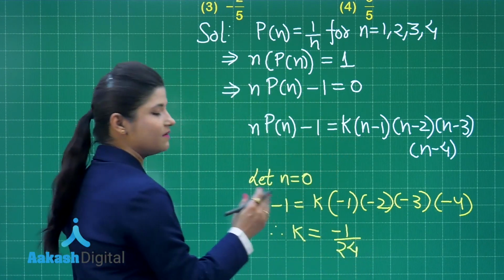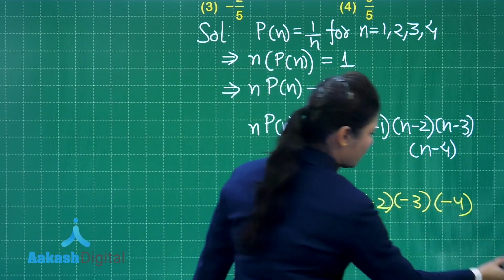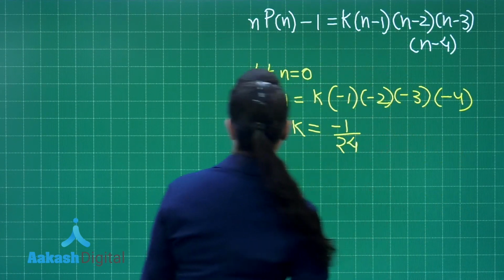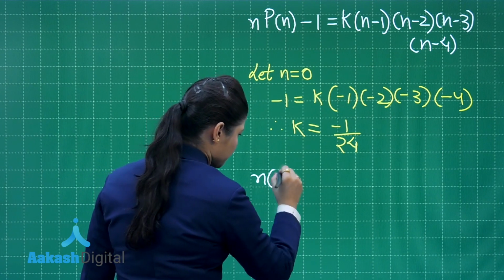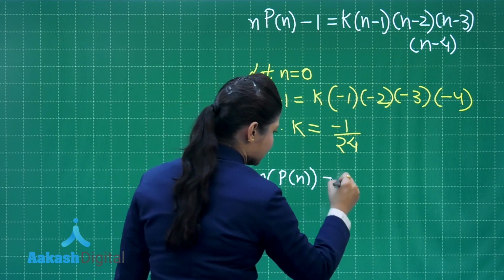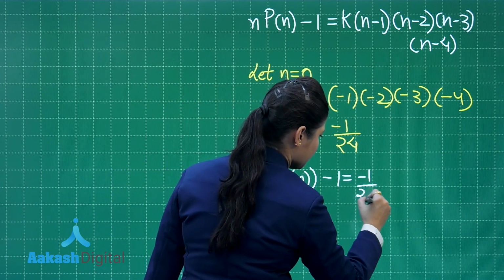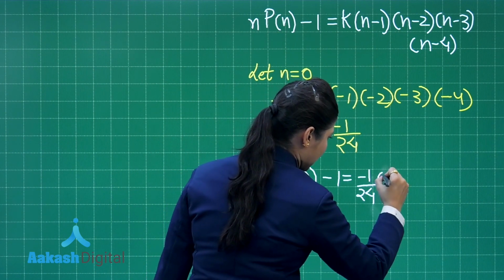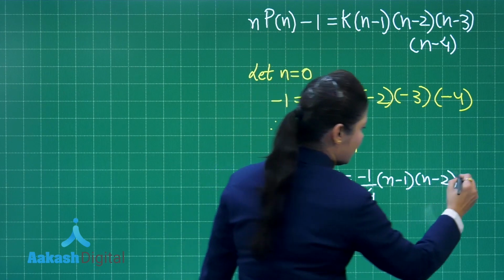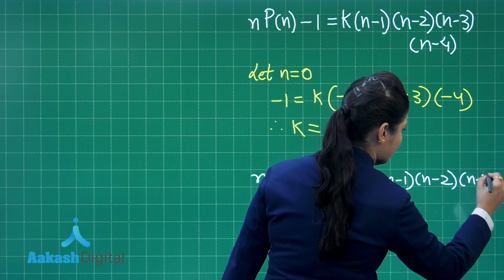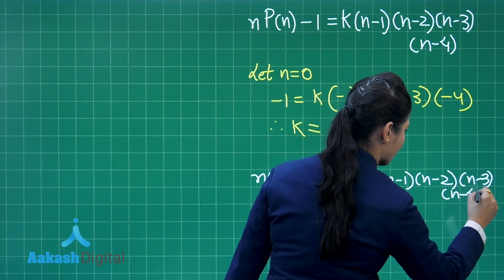So, as I have obtained the value of k, let's write this equation substituting the value of k. I can definitely write here that n times p of n minus 1 is equal to minus 1 upon 24 into n minus 1 into n minus 2 into n minus 3 into n minus 4.